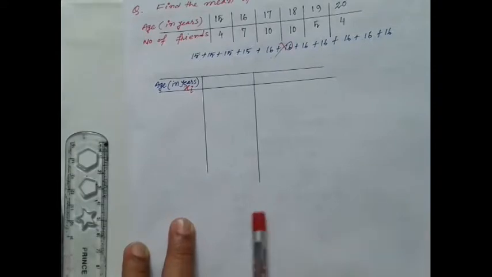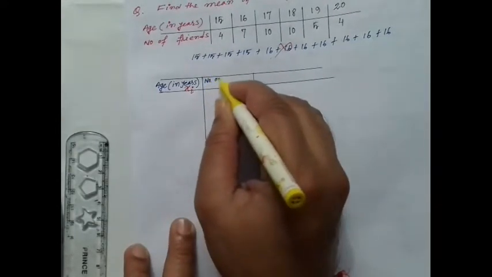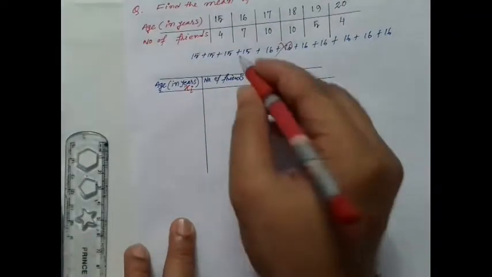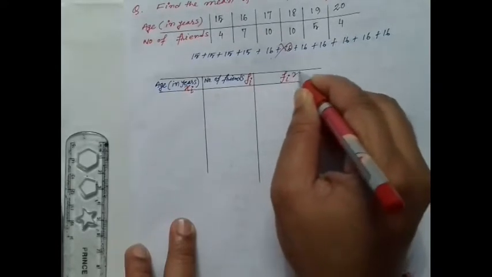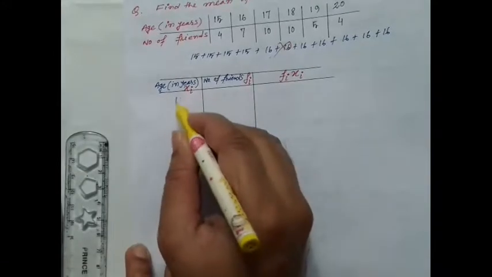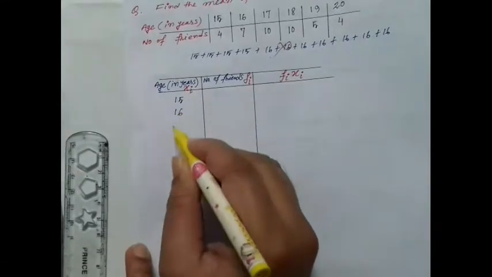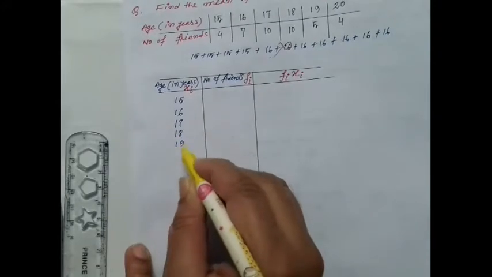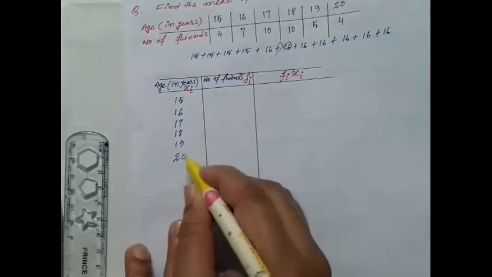Next we have number of friends, and this one is our fi, and this one is our fi xi. Now we have to write the values: 15, 16, 17, 18, 19, and 20.